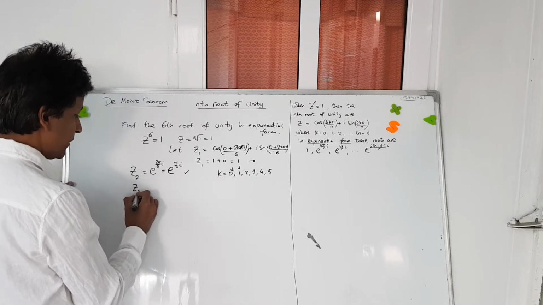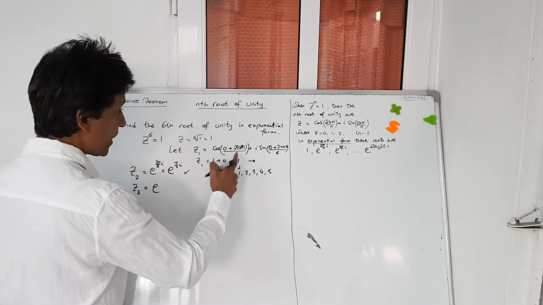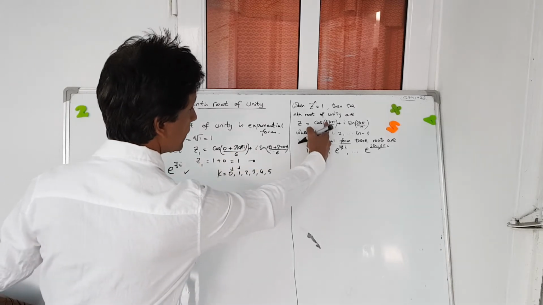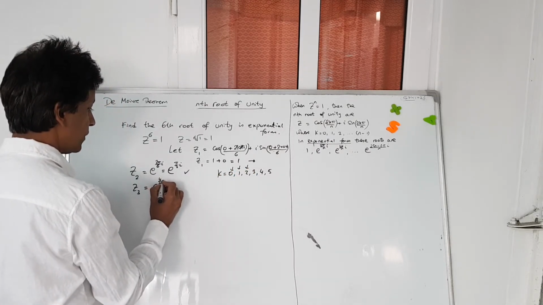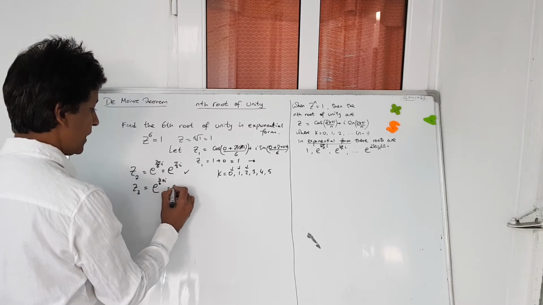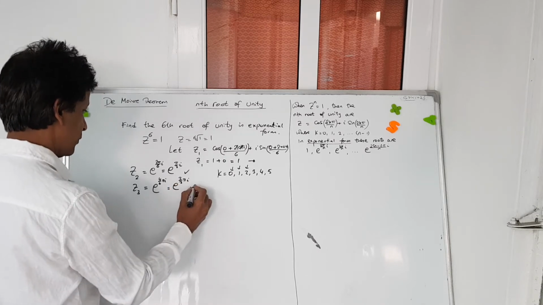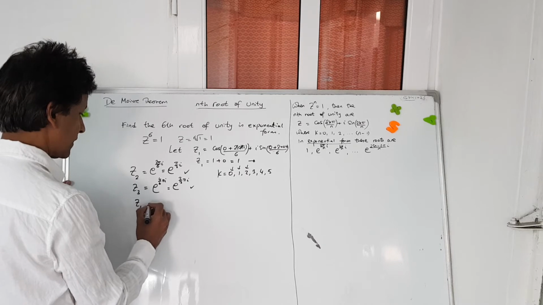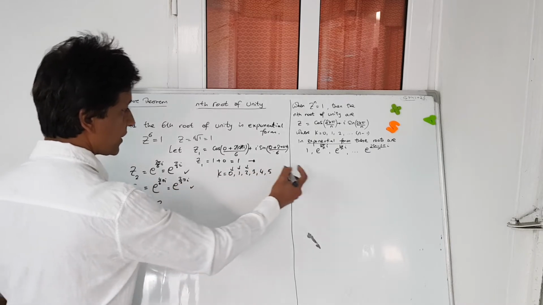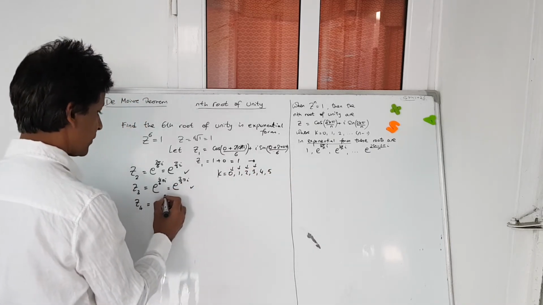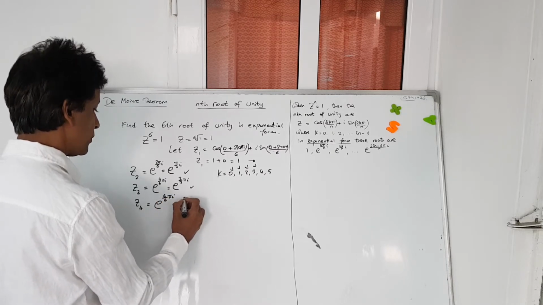The third root, z3: I've got e to the power of 2 times 2, so 4 over 6 pi i, and that turns out to be e to the power of 2 over 3 pi i. The next root is z4: e to the power of, this time I've got k equal to 3, so 2 times 3 is 6, 6 over 6 pi i, and that turns out to be e to the pi i.